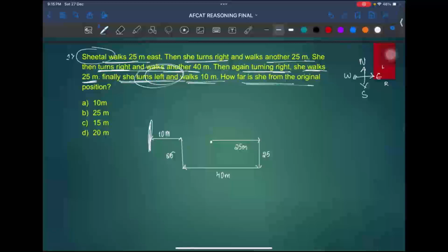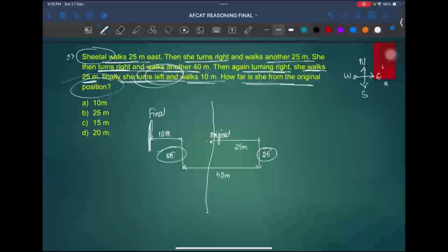How far is she from the original position? This question is asking about the distance between the original position and the final position. Since this 25 meter and this 25 meter get cancelled out, she'll be in the same line of sight. I just need to find the distance between this point and this point.